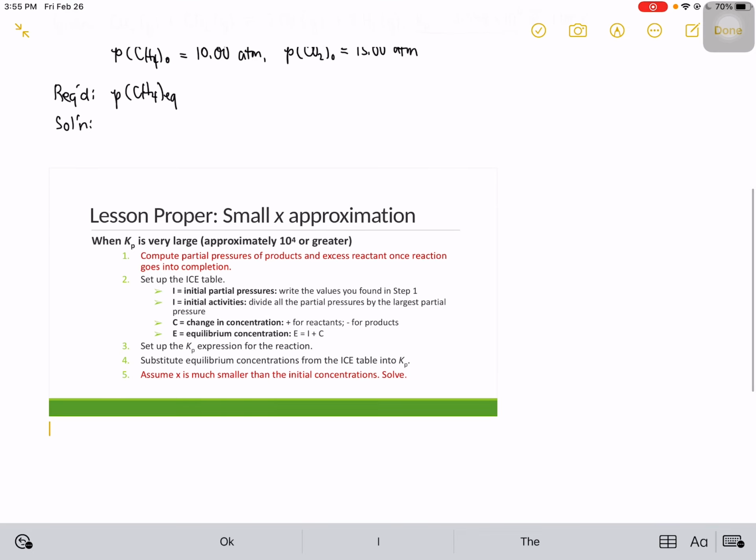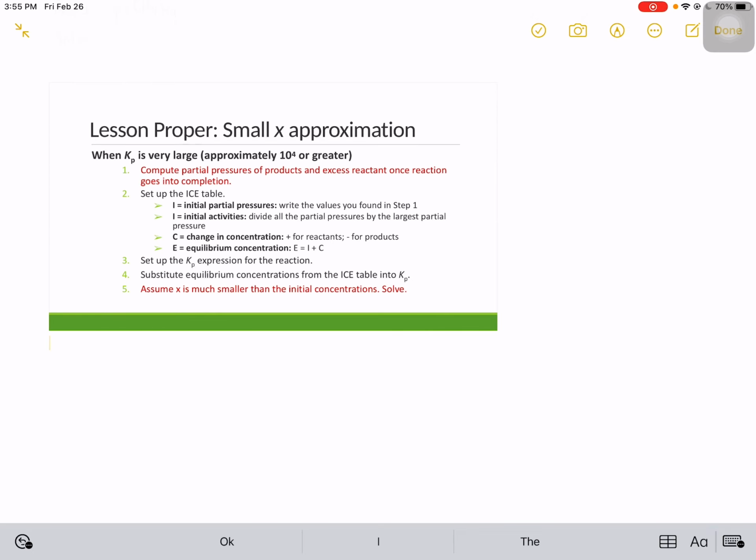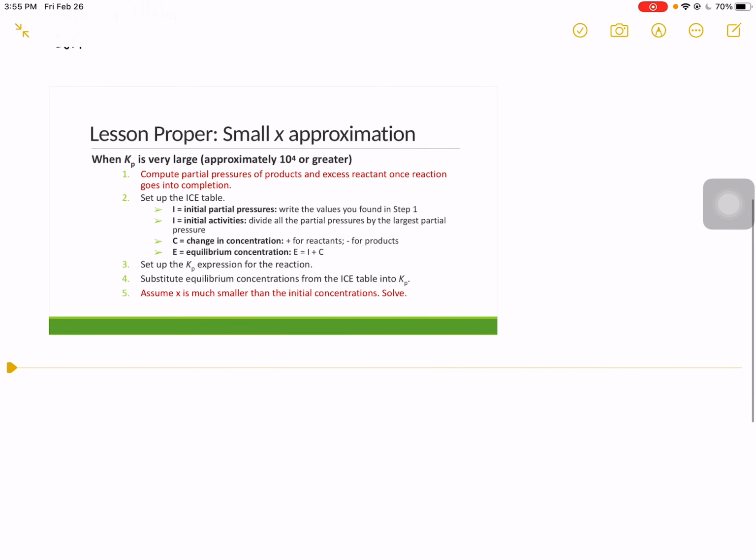So we conclude that definitely our methane is the limiting reactant. And since our reaction has been assumed to go into completion, the partial pressure of the methane will have become 0.